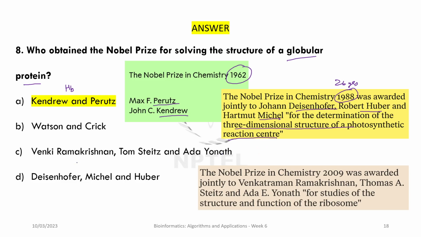As Devangana pointed out, Venki Ramakrishnan, Tom Steitz, and Ada Yonath in 2009 were awarded for studies of structure and function of the ribosome. Cool. So the answer is A.